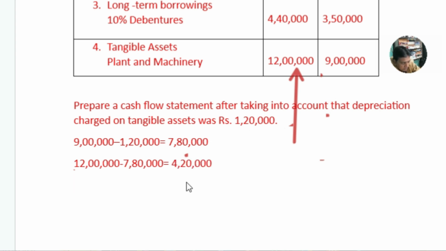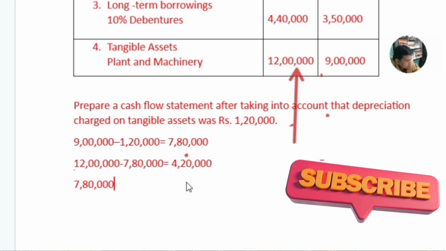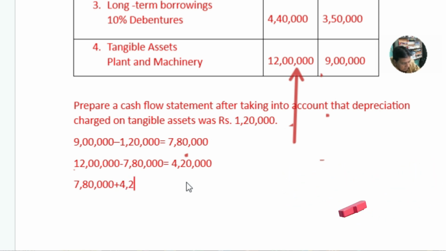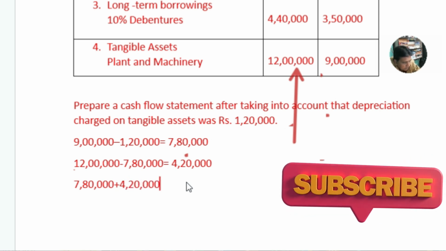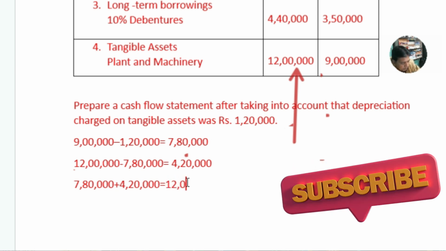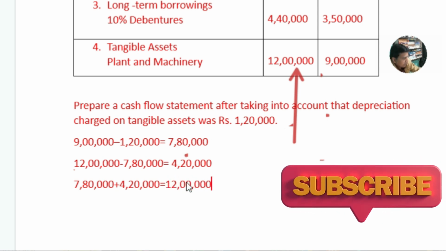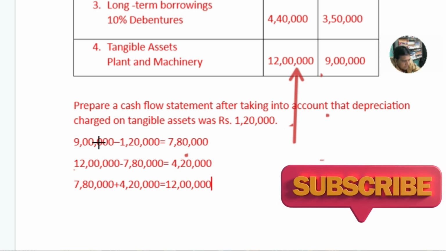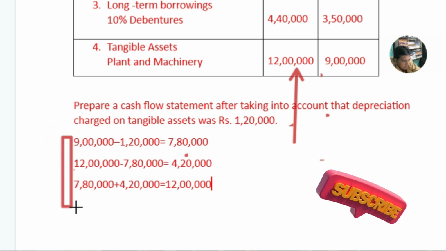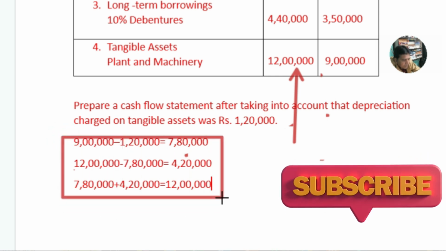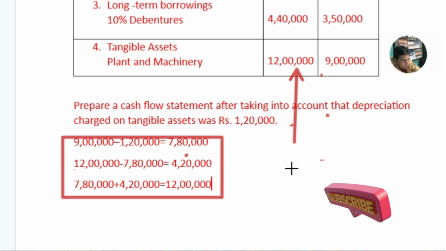So 7,80,000 plus 4,20,000 equals 12 lakhs. This fact we will understand with the help of the machinery ledger account in the working note.